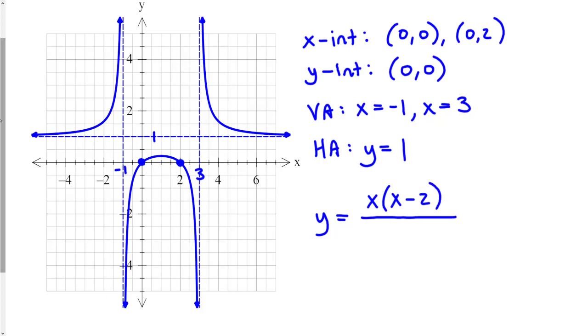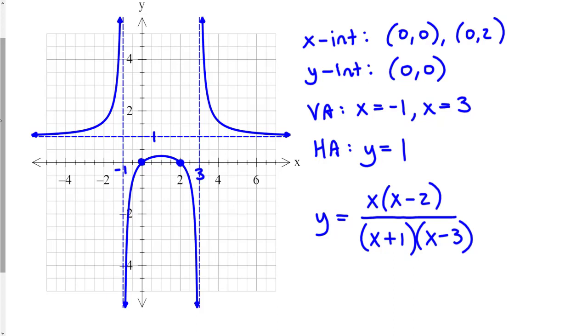Because if I plug in x equals 0, that numerator becomes 0. And if I plug in x equals 2, the numerator becomes 0. The denominator would have to have factors of x plus 1 and x minus 3, so that I would have vertical asymptotes at -1 and +3.